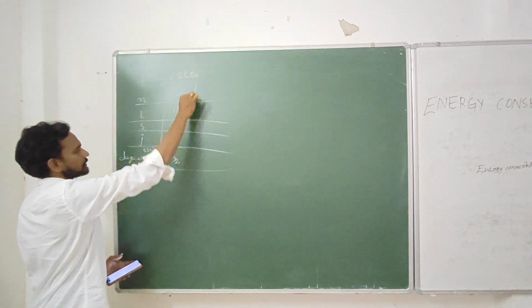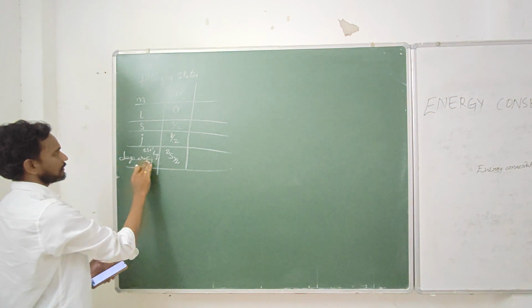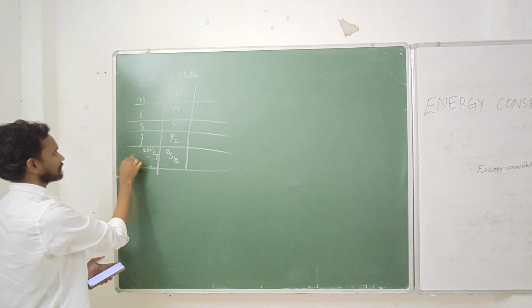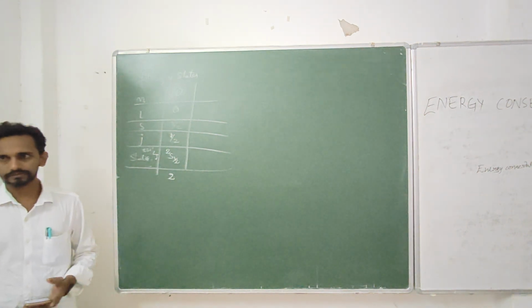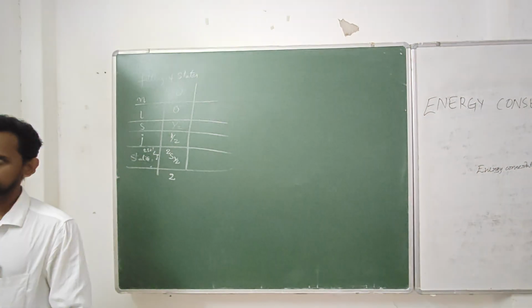So this is the state. So it can accommodate 2 nucleons for spin up and spin down.